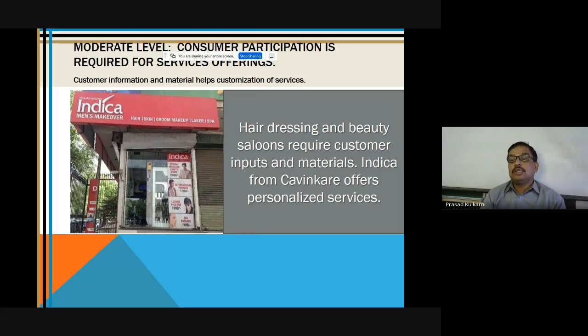In salons, some people want Revlon, some people look for Lakme. So they specify the material to be applied. So the customer inputs are important in such services. The Indica, a brand from Kevin Care, a Chennai-based company, offers personalized services for men.